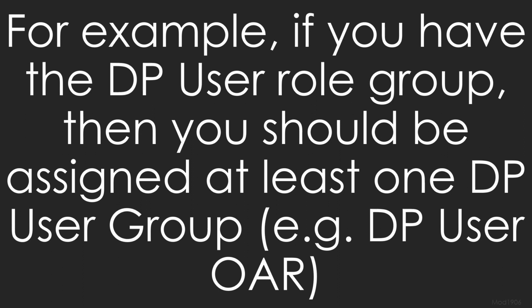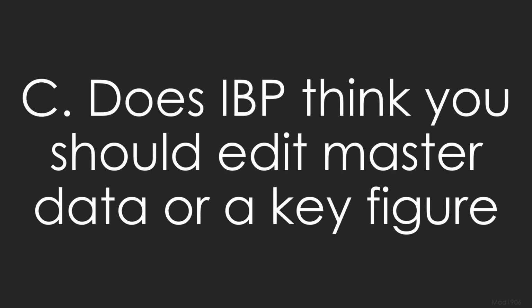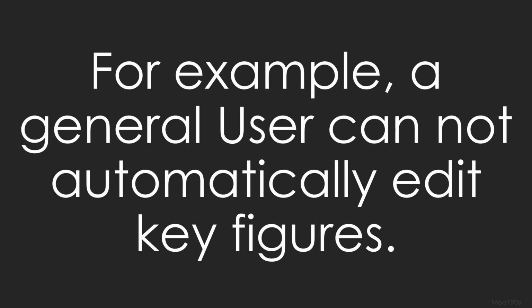For example, if you have a DP user role group, then you should be assigned to at least one DP user group, for example, DP user OAR. C, you can also check to see if IBP thinks you should edit master data or a key figure. For example, a general user cannot automatically edit key figures. That requires a DP user or an IO or a supply user.